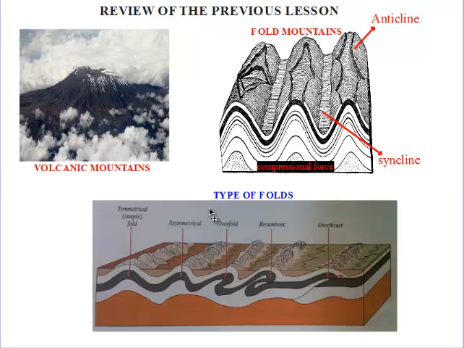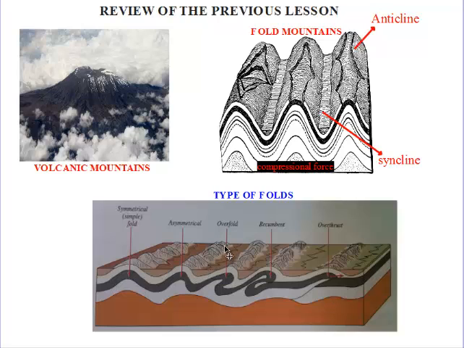We looked at the types of folds, where we talked about the simple fold, where we said with a simple fold the limbs are equal. Then with the asymmetrical folds or the inclined fold, one side is steeper than the other. Then we talked about the overfold.